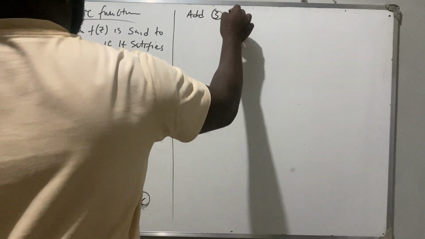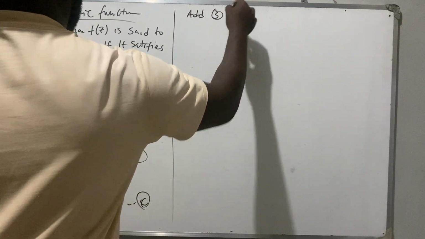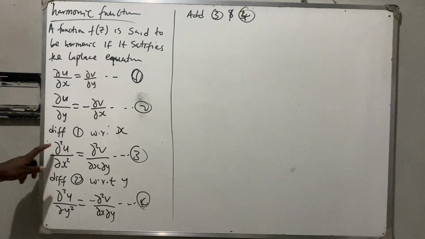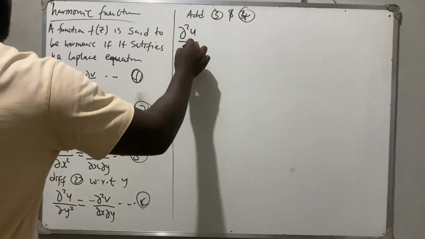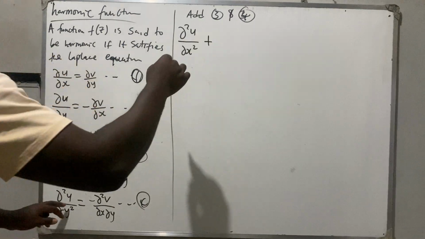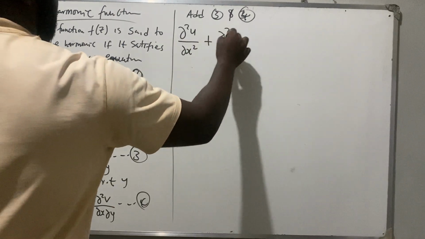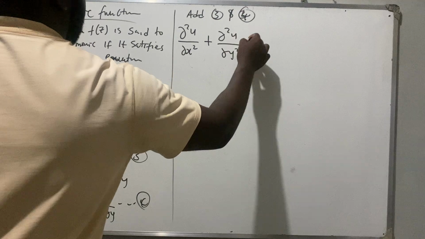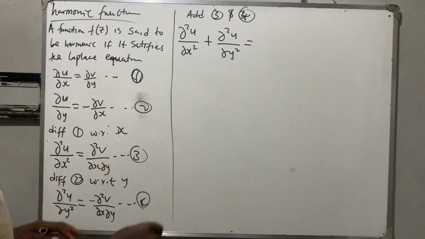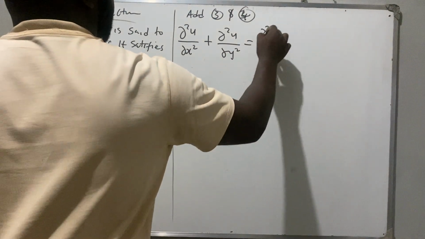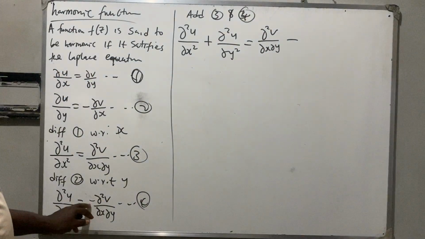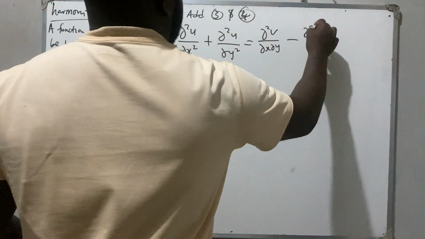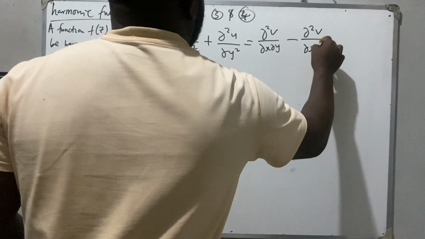If I add equation 3 and 4, I'm going to have this plus this. That is partial squared u over partial x squared plus partial squared u over partial y squared is equal to partial squared v over partial x partial y, plus minus, so minus partial squared v over partial x partial y.